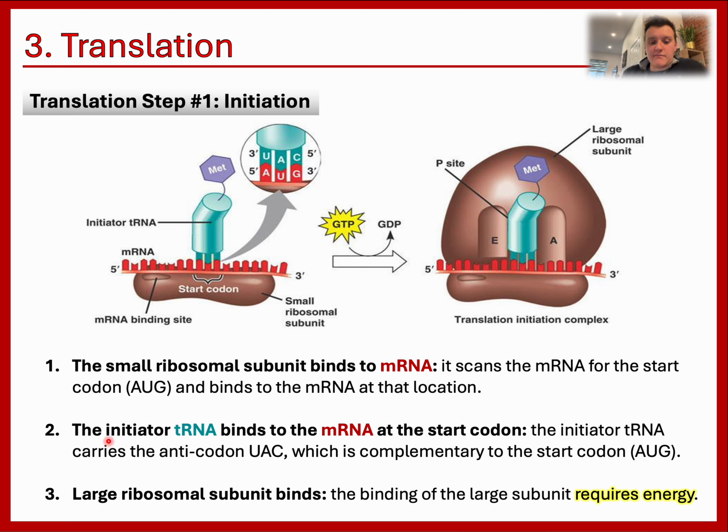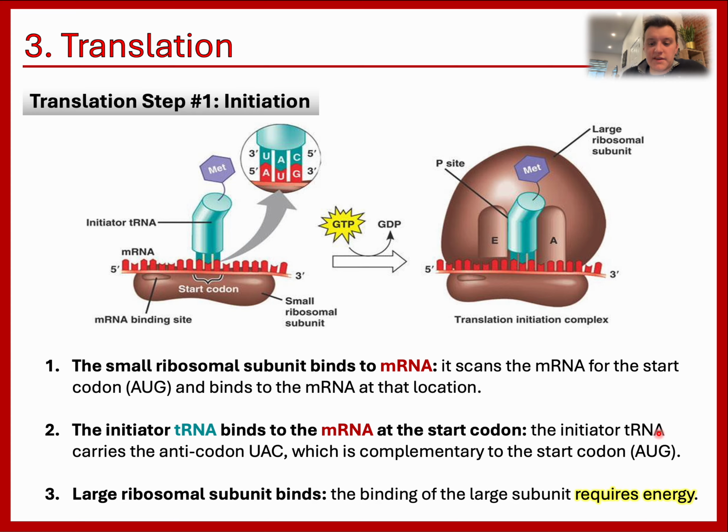Then the initiator tRNA binds to the mRNA at that start codon. So it always will start with a methionine. So this tRNA binds on, and methionine is the one that starts it, okay? So this is called the initiator tRNA. It's always this methionine. You can have methionines later in the chain, but this is always the one that starts it.